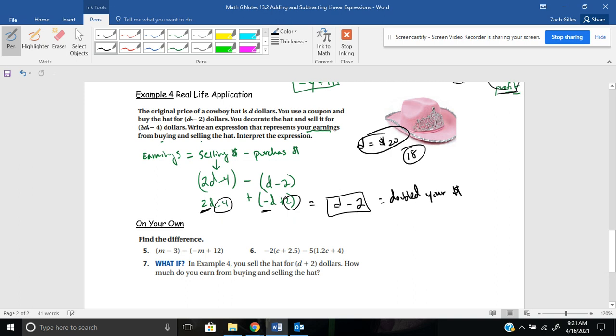So what's 2 times 20? Well, that's 40. What's 40 minus 4? That's 36. So you sell it for $36. Okay. And you bought it for 18. So how much did you make? You make $18. Okay. So if you bought it for 18 and you make 18, you're going to double your money.